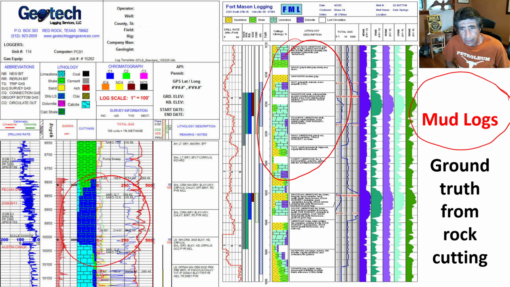In addition to all of that, of course, we also have chromatographic analysis of the fluids that come from the borehole, but that's a different story that we can talk about later. Suffice to say that mud logs are very important because even though they're not as precise as borehole measurements, they do give us ground truth to analyze the concentrations that are subsequently estimated from well logs supported by core data.